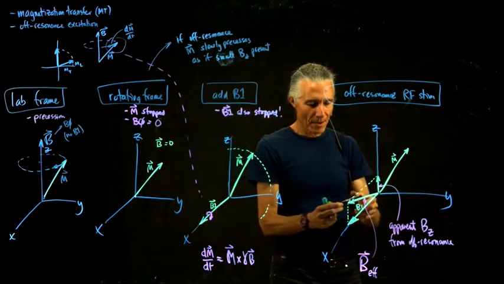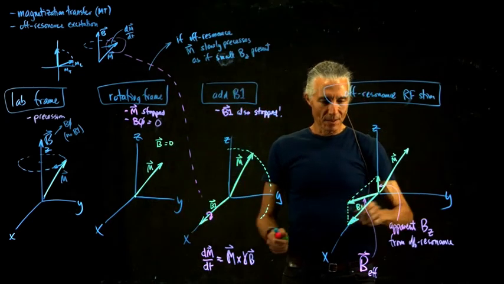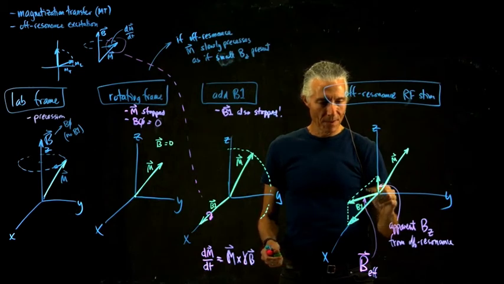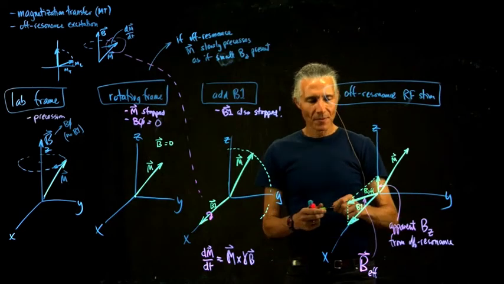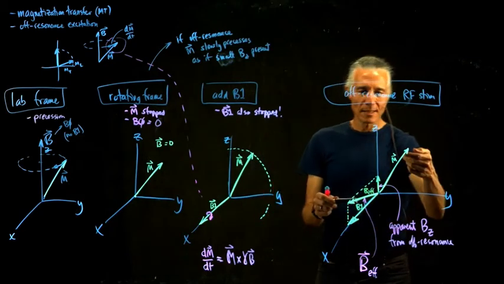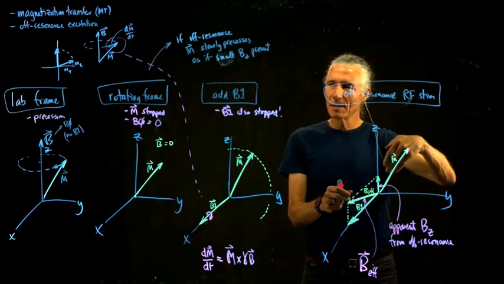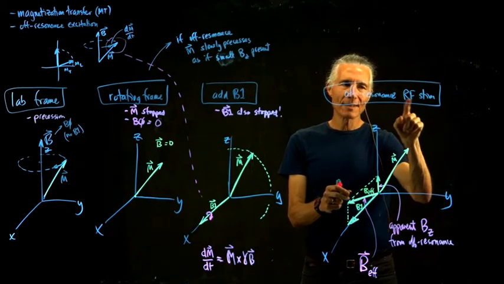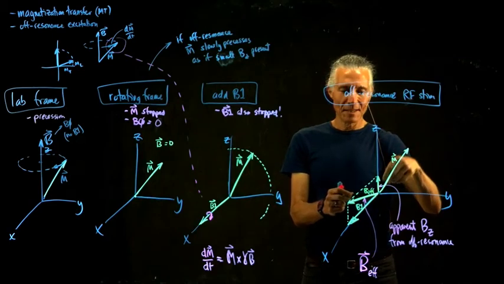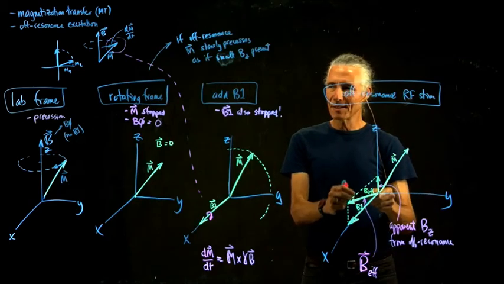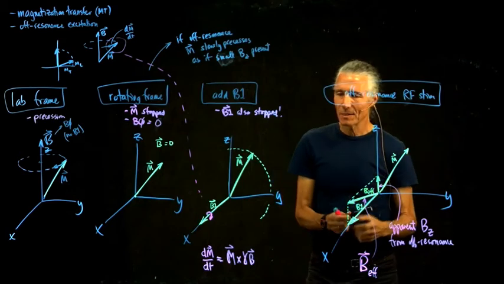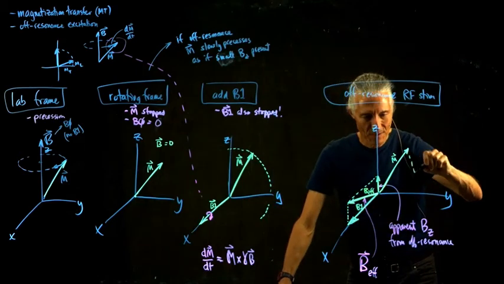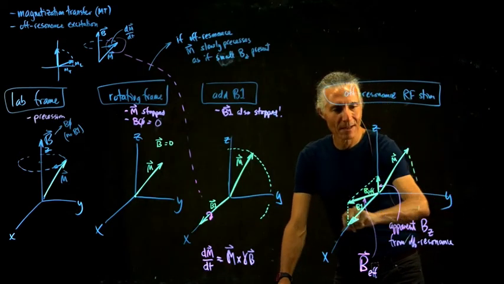But now our B effective field, so here's B1 and B effective, is now tilted. So what that means is that this guy is now going to precess slowly from our off-resonance stimulus in a plane perpendicular to this tilted guy. So it's sort of going to come out at you like that.